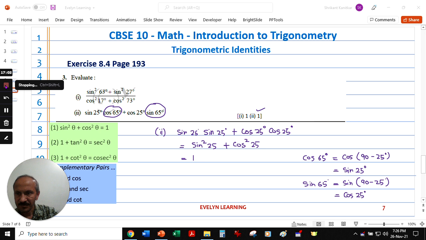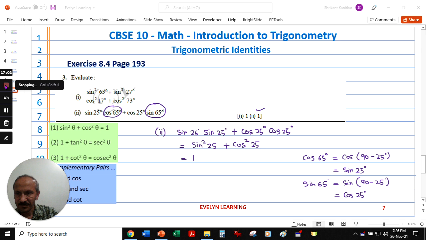Similarly here, cos 25 degrees I'll keep as it is, and sin 65 degrees can be written as sin of 90 minus 25 degrees. And sin of 90 minus theta is cos theta, which is cos 25 degrees. So here I can replace this sin 65 degrees with cos 25 degrees.